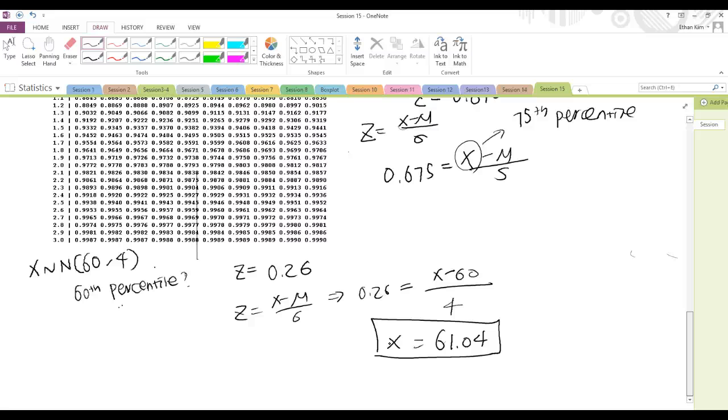And now we're going to talk about something not necessarily new, but something relevant to what we learned before. Okay, and that's approximating binomial distribution.